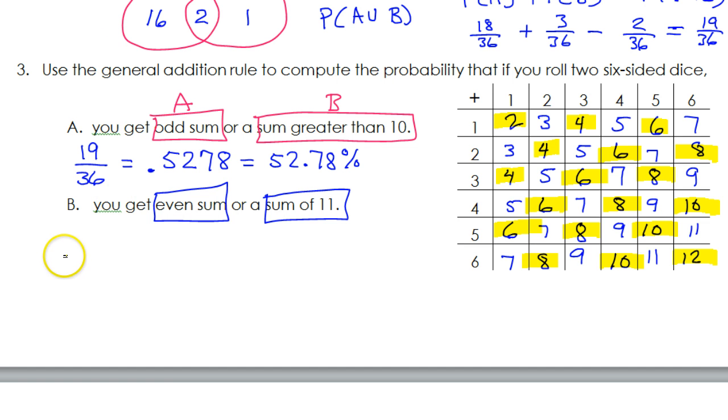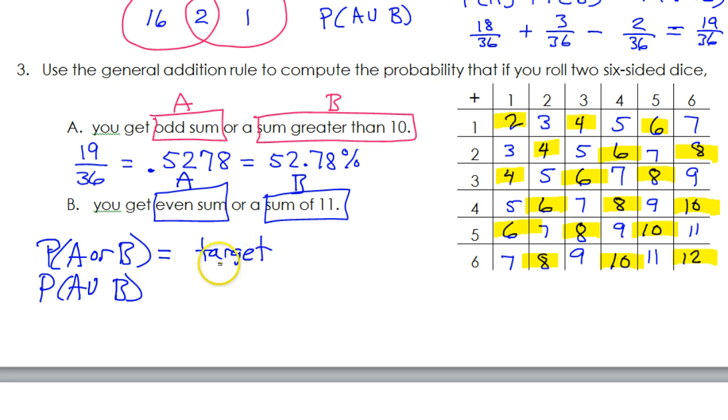So again, one way to look at it, if I want the probability of event A, and I'll call this event A and I'll call this event B. So if I want the probability of A or B, that's the same thing as A union B. It still comes down to target over total.